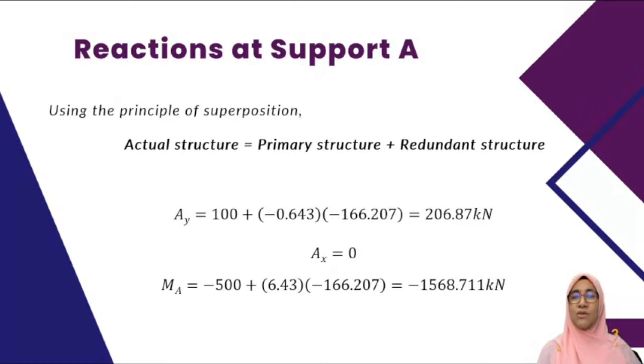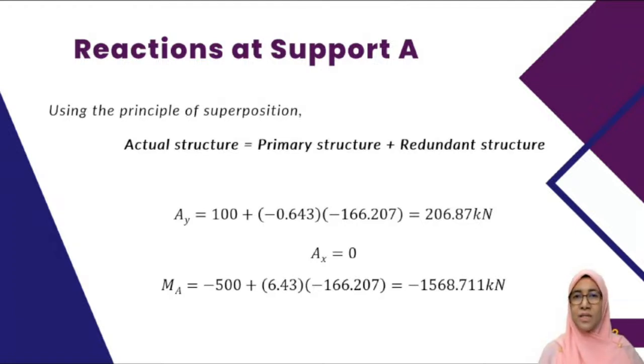It is actually a combination of EI and EA elements. It may be a combination of beam plus EA member, or frame plus EA member. And always remember, the EA member is always the redundant in the composite structure. So we have to remove the EA member first, and after that, we continue to analyze as usual.